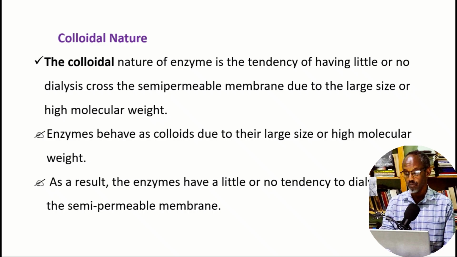The plasma proteins will never be forced to come out of the glomerular filtration unit at the glomerulus because they are bulky, they are very huge, they are colloidal.